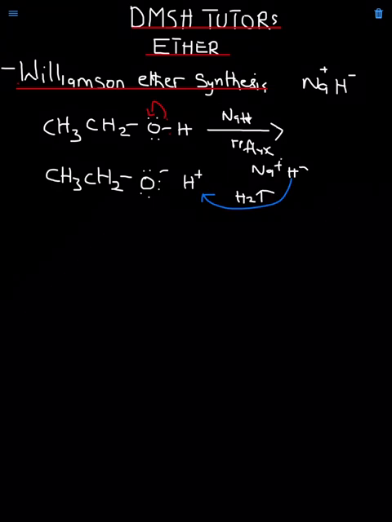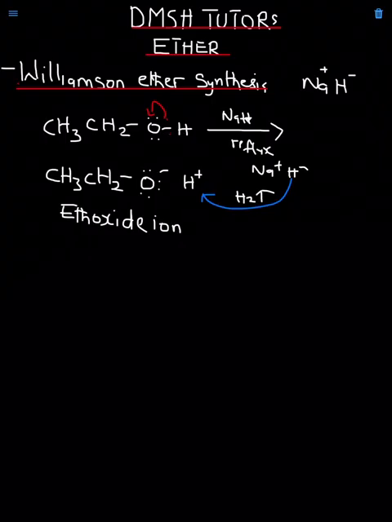Then we have sodium ions left and the alkoxide. This is called an alkoxide, and in this case, since it's 2 carbons, we call it the ethoxide ion. The sodium can combine with the ethoxide ion and form sodium ethoxide. But let's say the reaction continues with the ethoxide ions.